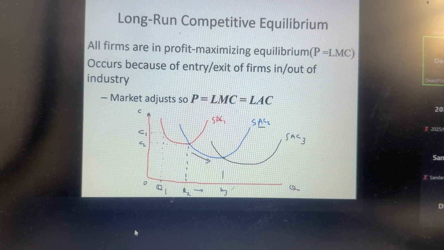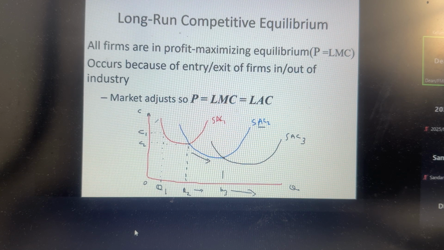If you want to expand the level of output further, better to install the large size plant as well. Generally, this is what I want to say. So you will move in this way.